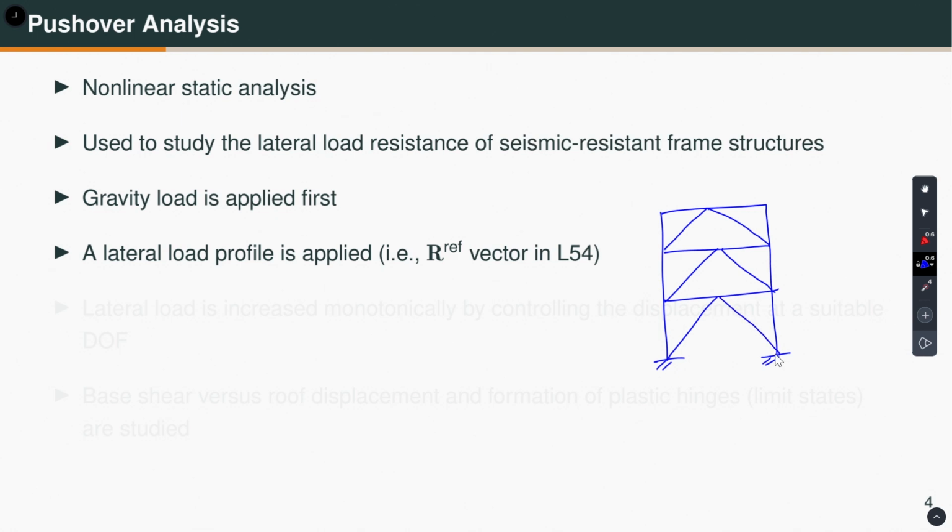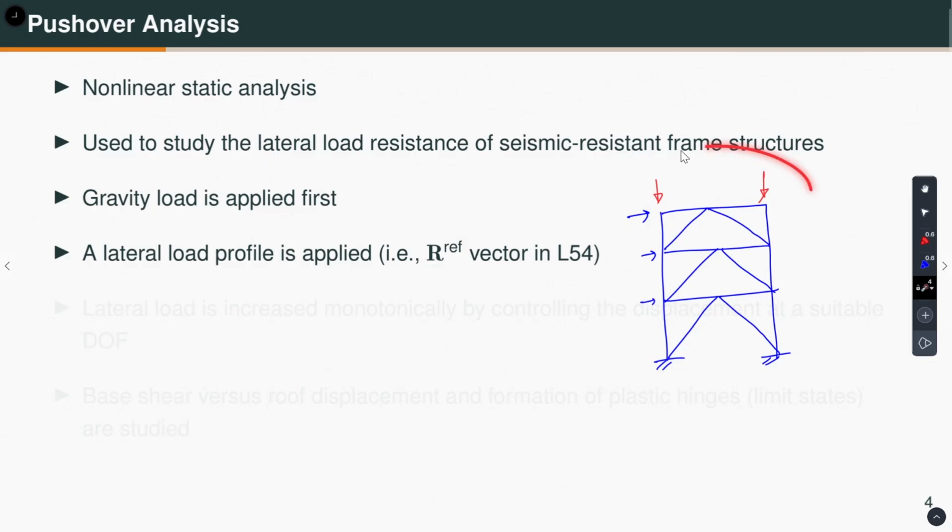We apply the gravity loads coming onto this depending on its tributary area, because in a building floor plan you will have a gravity load resisting system and a lateral load resisting system. This will take its own share of the gravity load based on the tributary area. We apply that so that the P delta effect can be incorporated, and then we apply a lateral load profile. At each floor we apply some reference load values.